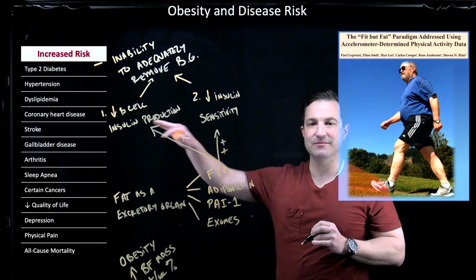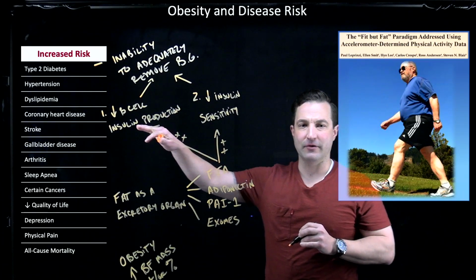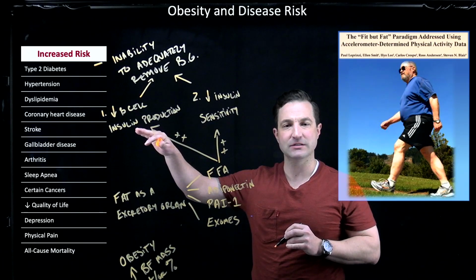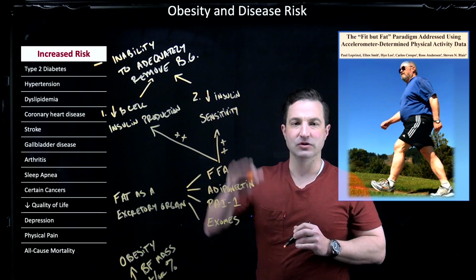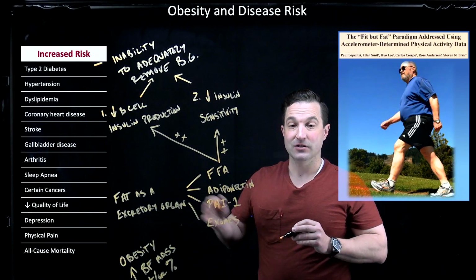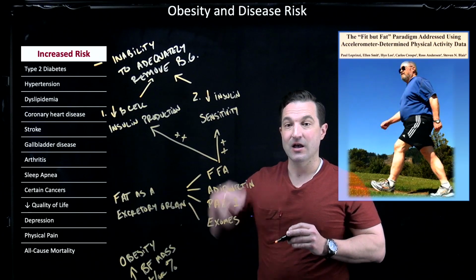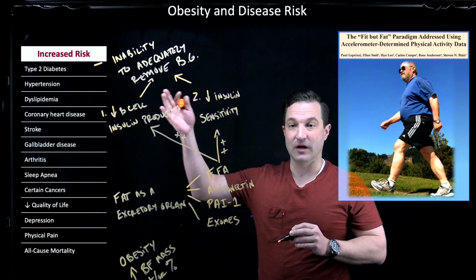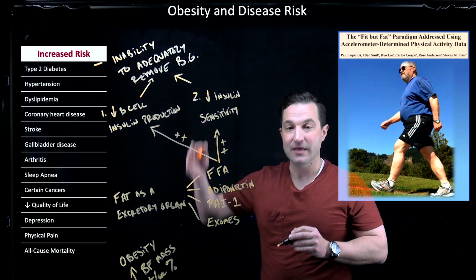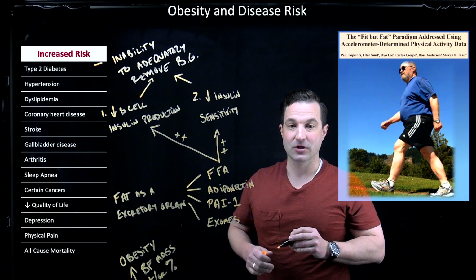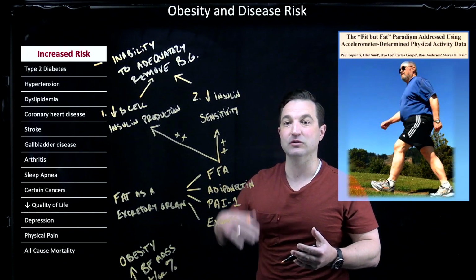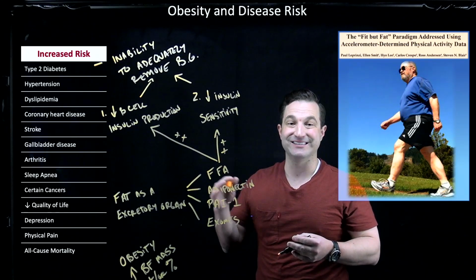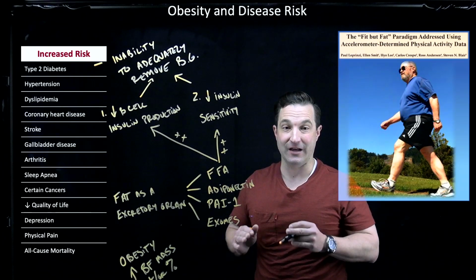Free fatty acids independently reduce our pancreas's beta cells' ability to produce insulin and the ability of our peripheral cells to be sensitive to that insulin. So what we've shown here is one of the increased risks of type 2 diabetes with obesity, and the pathway of how it happens. It's not just the fact that you have increased body fat that increases your risk for diabetes. It's the downstream effects of what that fat actually does.